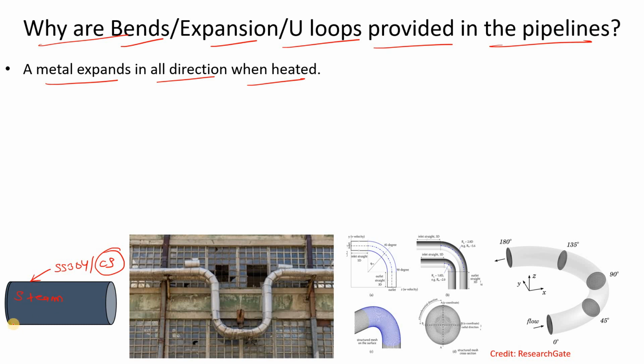Okay, the steam is flowing through this pipeline. Because the steam is hot, let's assume that if this is your low pressure steam, then the pressure is around 3.5 or something. Okay, and let's assume that the temperature is around 147 or something, right?